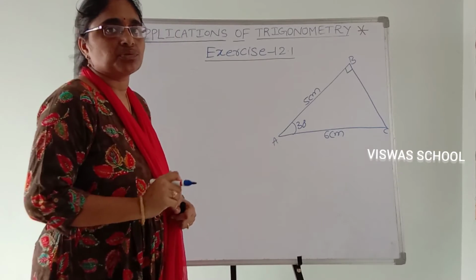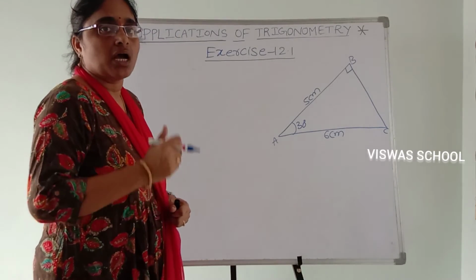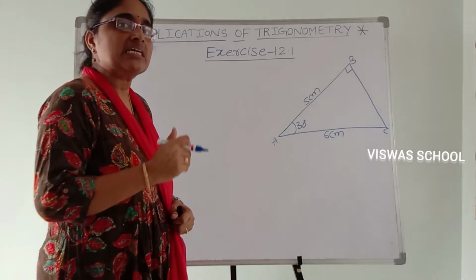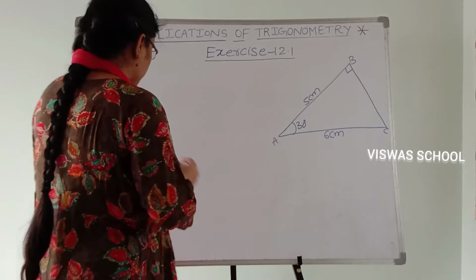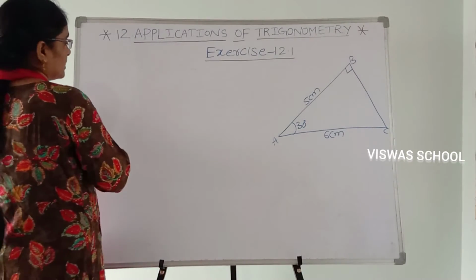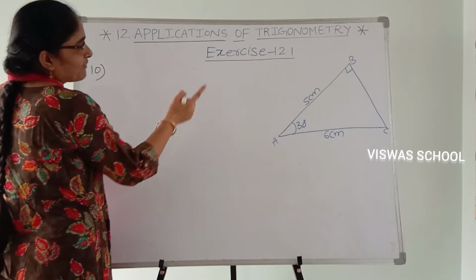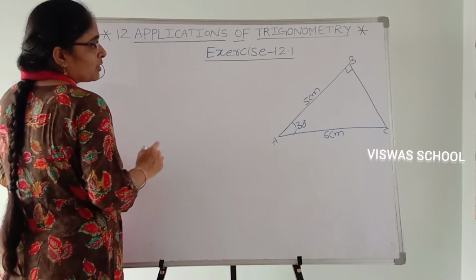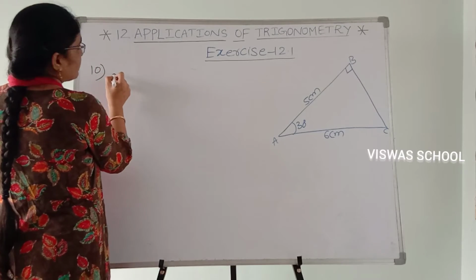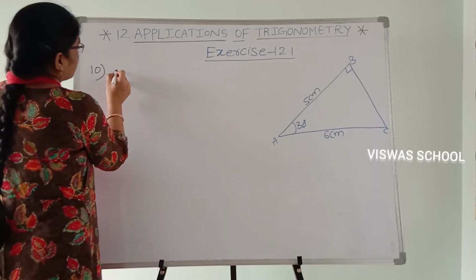Related to these two, opposite and hypotenuse, the trigonometric ratio is sine. Now apply that here to find BC. We have AC equals 6 centimeters.